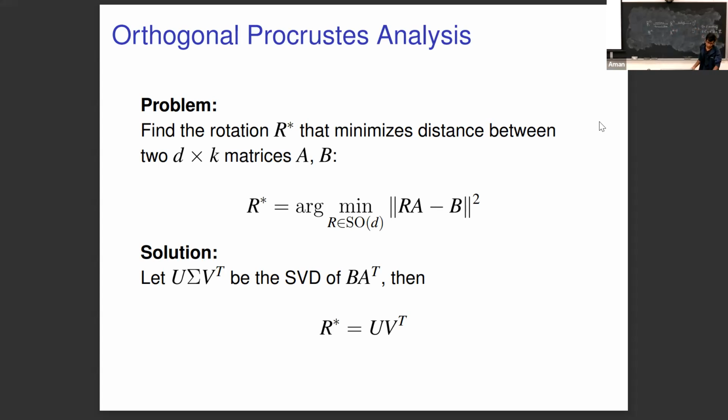And then when you finally remove rotation from this, you will finally get an S2 space, which is what the Kendall shape space is, an S2 sphere, for the case of triangles only.